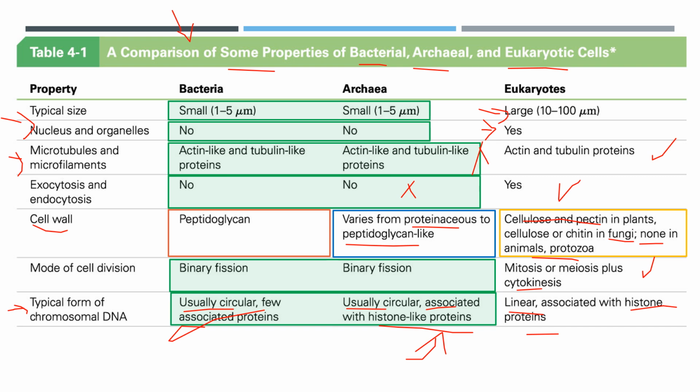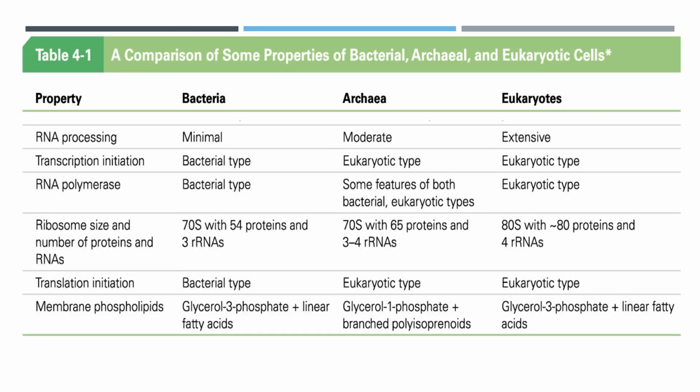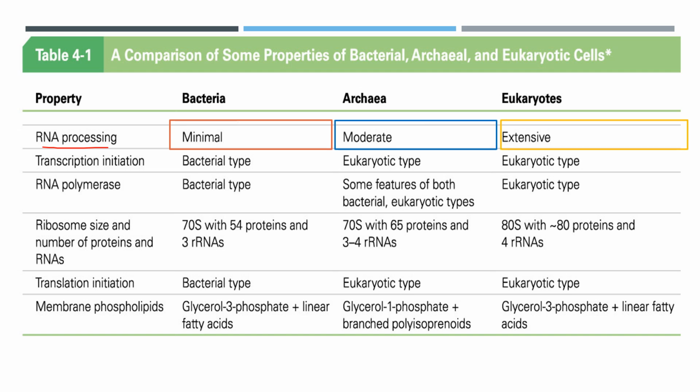I'm not going to go into a lot more detail. I already talked about that, but during the semester, you will see that in more detail. So now we are going to study in more detail some of these structures. And again, there is still a debate about that. But when you study the mechanism of processing of RNA, you see that bacteria have minimal processing, archaea have moderate, and eukaryotes have extensive processing.